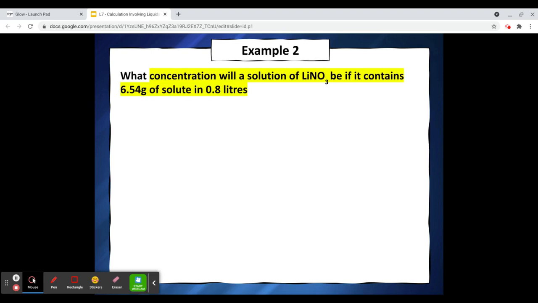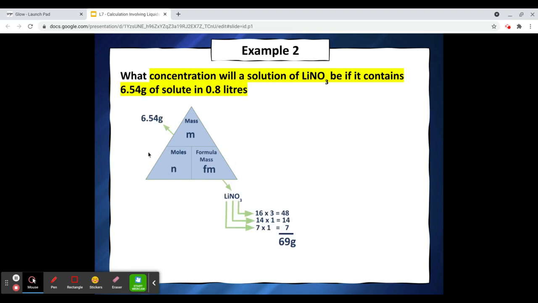Example 2. What concentration will a solution of lithium nitrate be if it contains 6.54 grams of solute in 0.8 litres? So again, we're looking at what triangle we have the most information for. We've been given a mass. We can always calculate formula mass, and that's going to allow us to work out the number of moles, which is N. Our mass is 6.54 from the question.